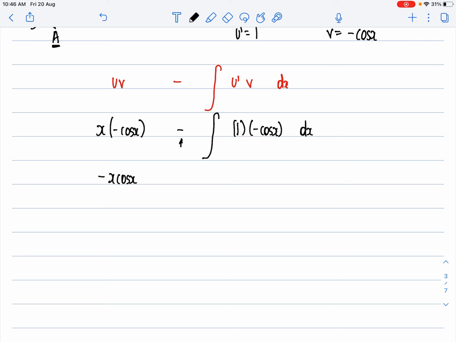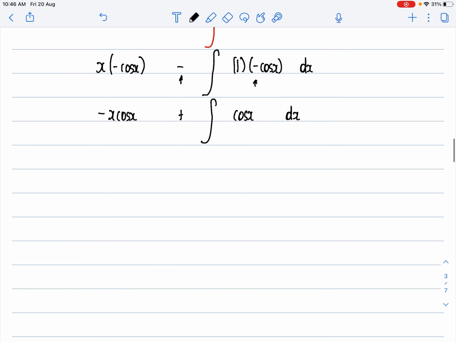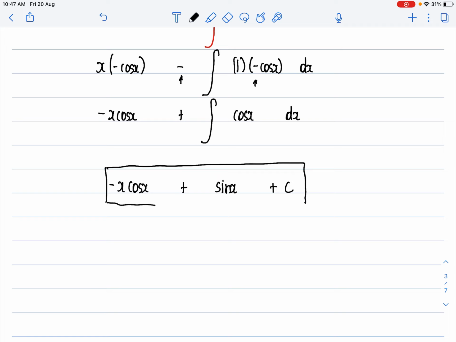I can see the minus and the minus here, and I can write it as plus the integration of cos x dx. Now I can write this as minus x cos x plus the integration of cos x, which is simply sin x. So I'll just get plus sin x, and because this is without limits, we add a plus c. So this is the final answer.